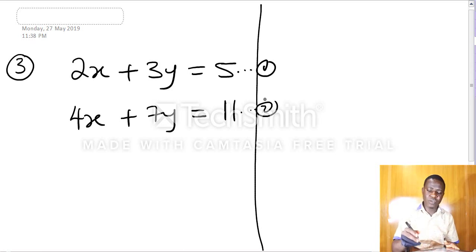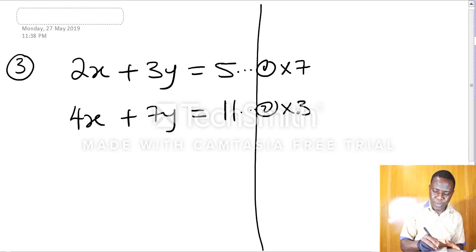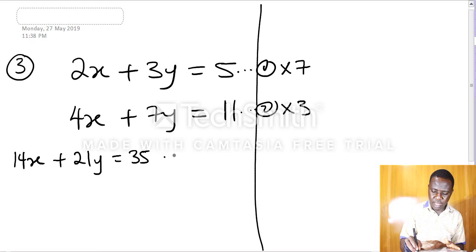So I will make the coefficient of y in equation 1 and 2 equal by multiplying equation 1 by the coefficient of y in equation 2, which is 7, and multiplying equation 2 by the coefficient of y in equation 1, which is 3. By simplifying this, this becomes 14x plus 21y equals 35 as our new equation 1.